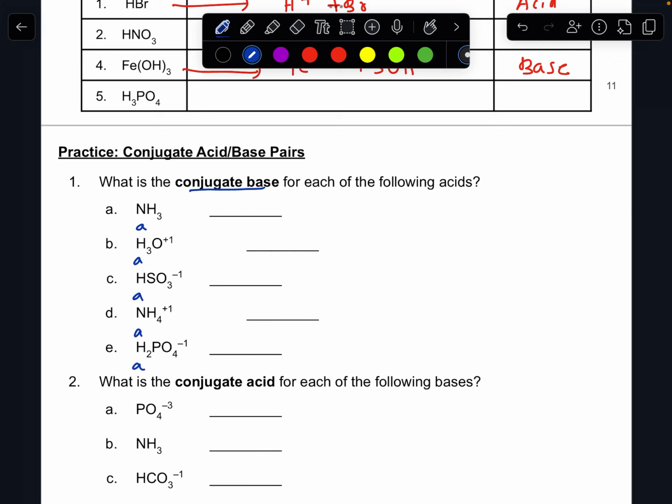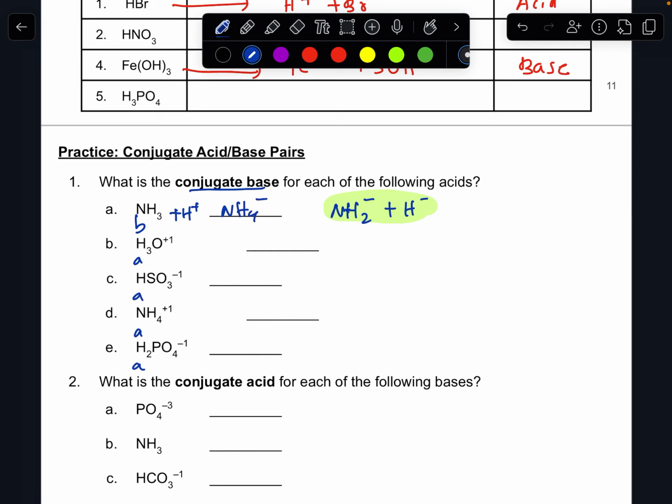So ammonia, after removing one hydrogen, it will form NH2 minus and H plus. But that is a rare condition. Ammonia will very rarely act as an acid. So I'm going to change this one into a base, okay? If it is a base, it will accept a hydrogen and form NH4 plus.